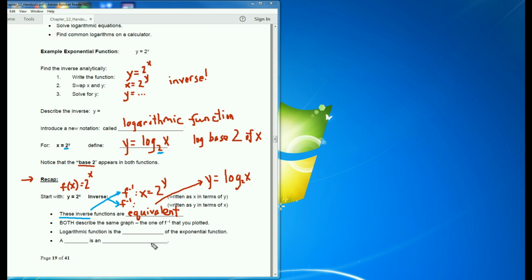Okay? So the key thing here is that is what a logarithmic function is. It is the inverse of the exponential function. And essentially, a log is an exponent. It is just another way of writing it.